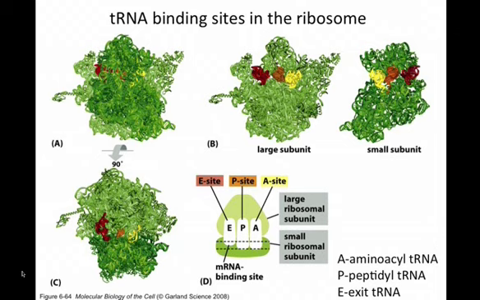So they're going to assemble together. This is, I believe, showing them together, but this is how it looks in a drawing. You're having binding of your mRNA down here, and then your tRNAs are going to sit there, interacting with your large subunit and your small subunit.